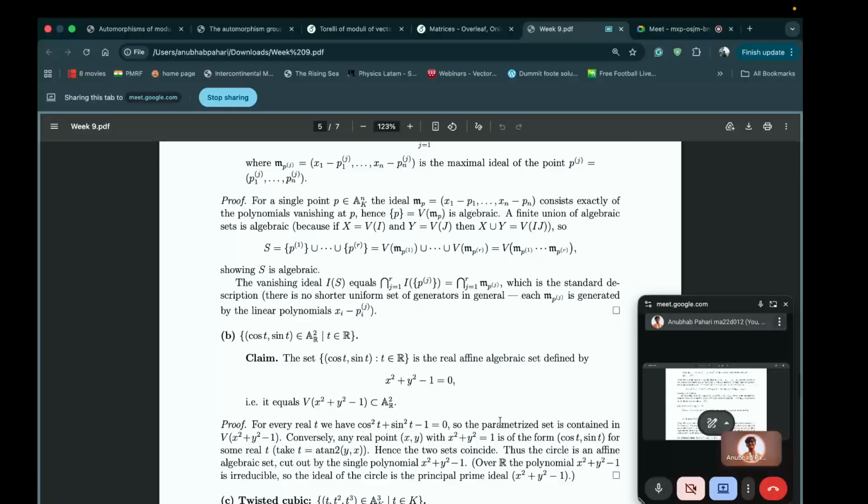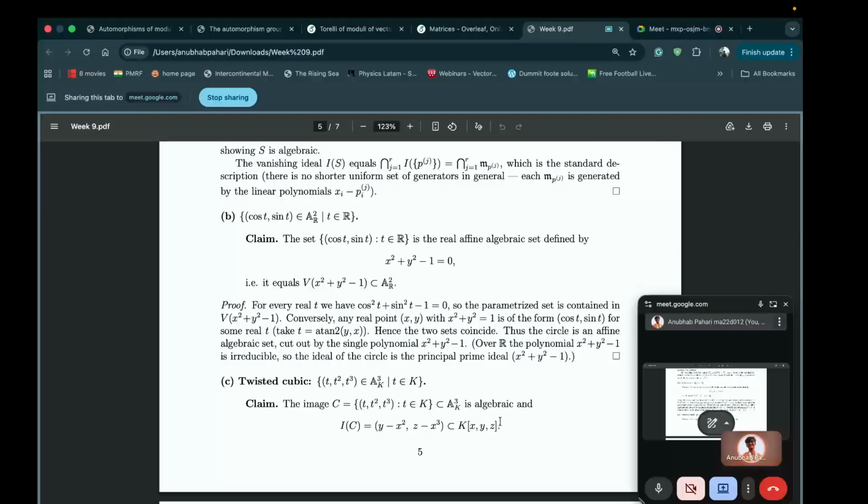The set (cos t, sin t), where t is running over R, is the real affine algebraic set defined by x^2 + y^2 - 1 = 0, which equals V(x^2 + y^2 - 1).